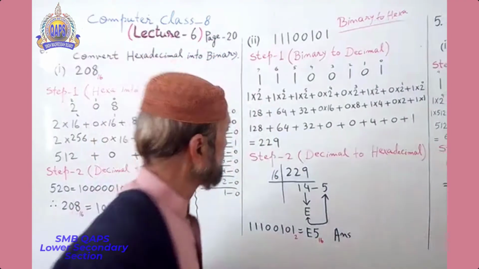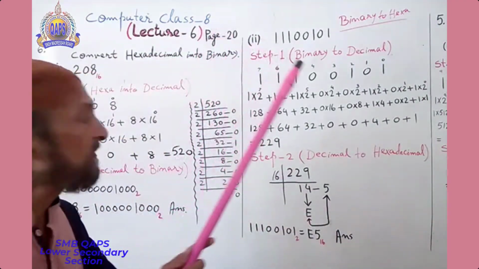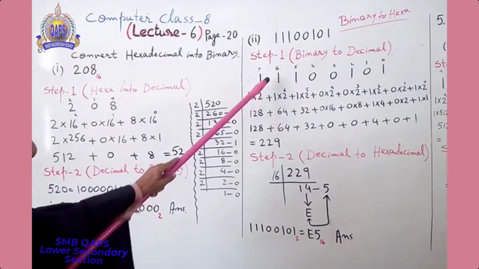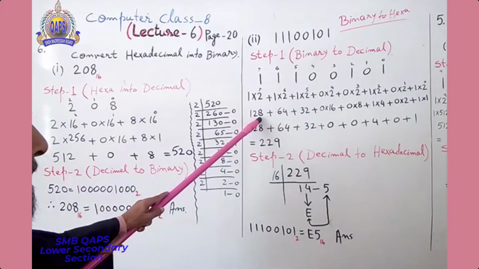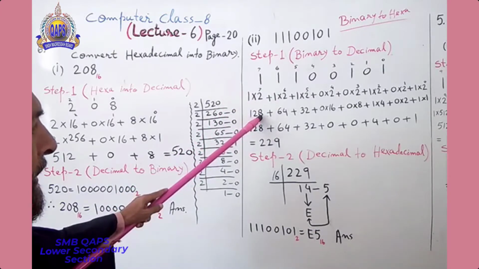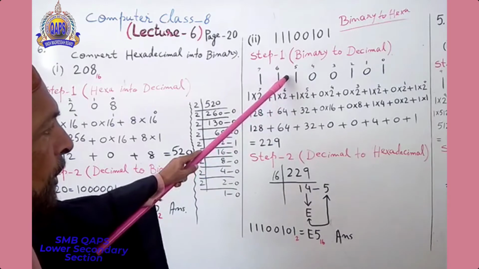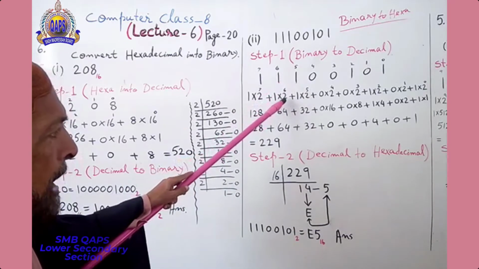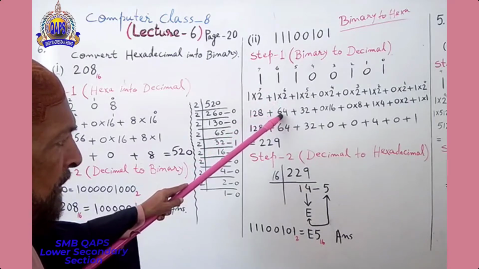Okay? Now, 2 raised to the power 7 is 128. When you multiply by 1, it will be 128. 2 raised to the power 6 is equal to 64. Multiply by 1, 64.